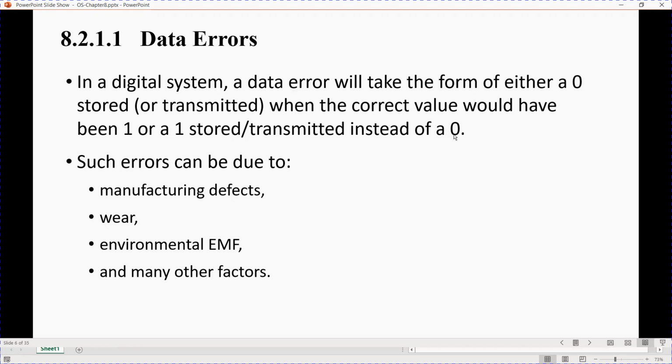These kinds of errors can be due to several things: manufacturing defects, wear, environmental EMF, and many other factors.